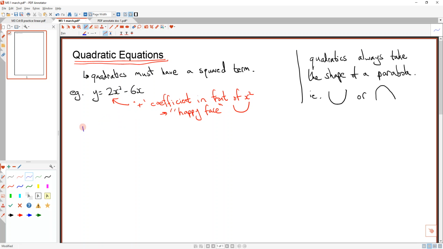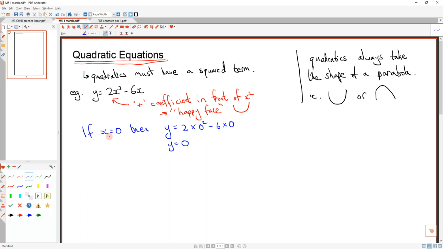if we let x equal 0, then y is equal to 2 times 0 squared minus 6 times 0. So when x is 0, then y is equal to 0.